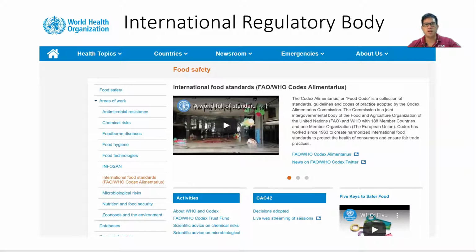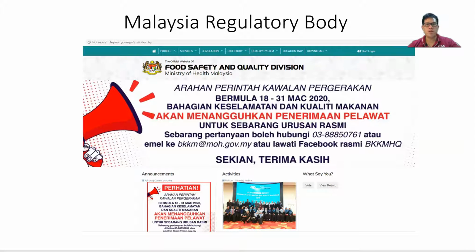So this is the international level. Locally in Malaysia, we have the Ministry of Health Malaysia, MOH, and its Food Safety and Quality Division. All this is ultimately based on the WHO, but if you have any inquiry regarding food safety and handling, you should contact the ministry in Malaysia directly, not the WHO.